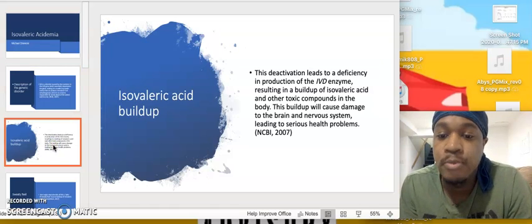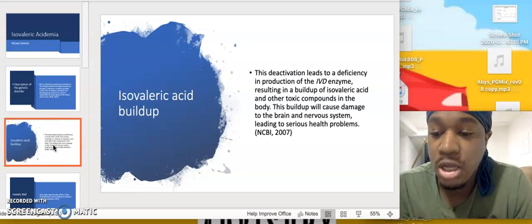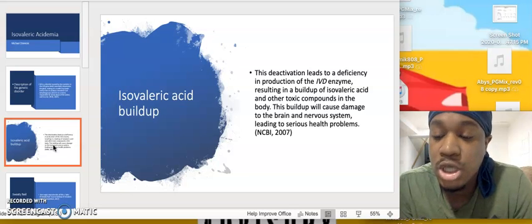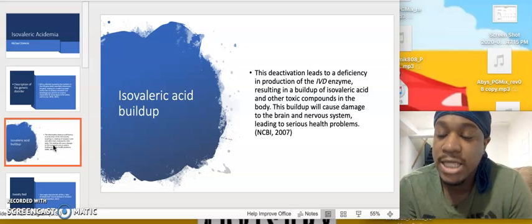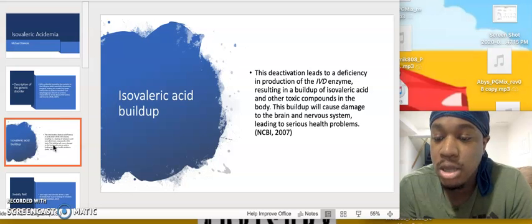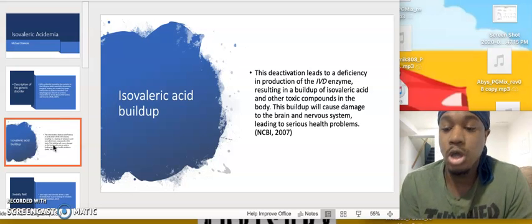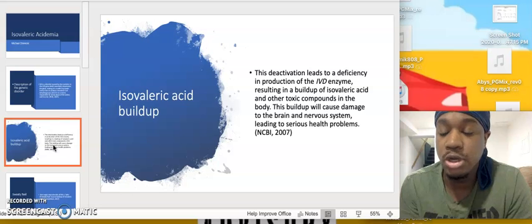Upon deactivation, it will cause a deficiency in the production of the IVD enzyme, which causes a buildup of isovaleric acid as well as other toxic compounds in the body, which will cause damage to the nervous system as well as lead to other serious health problems.